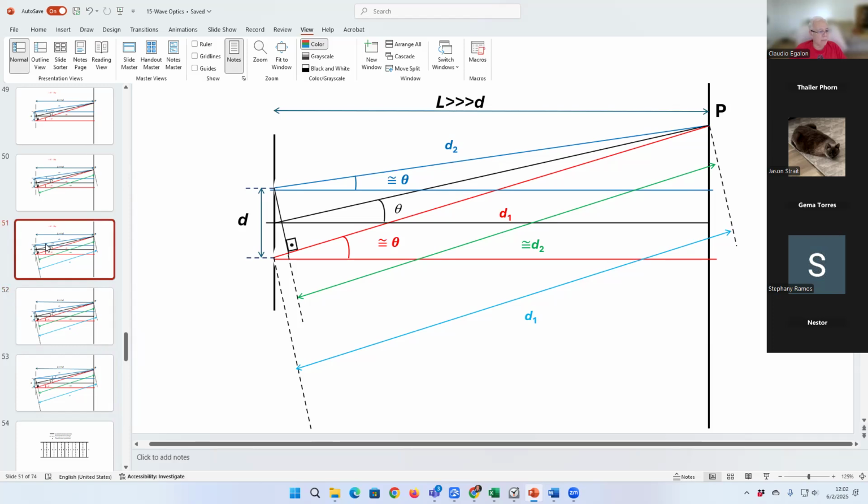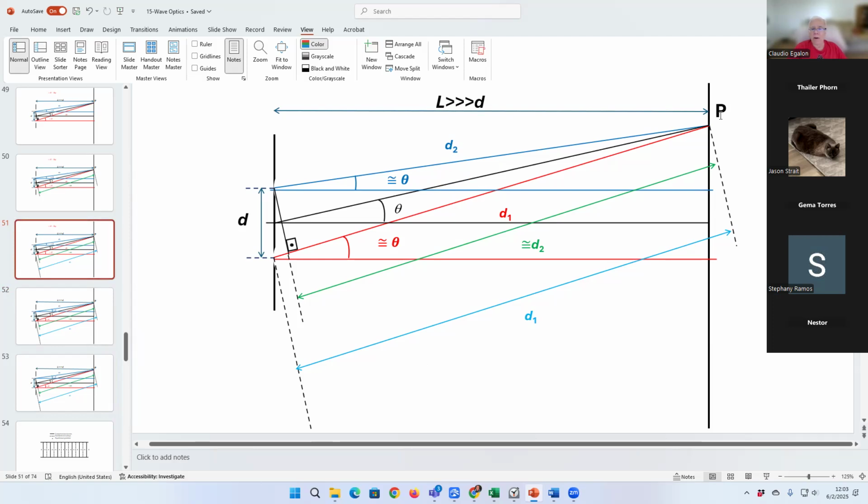And now that we have this triangle, we can come up with our simple approximation. The approximation that we made is that those two light ray paths are almost parallel to each other.